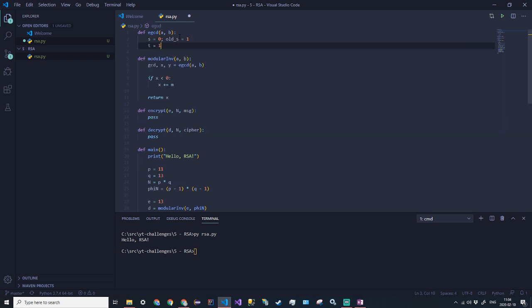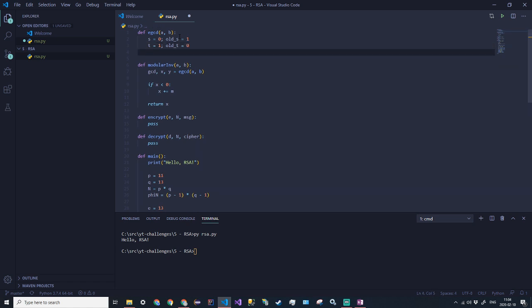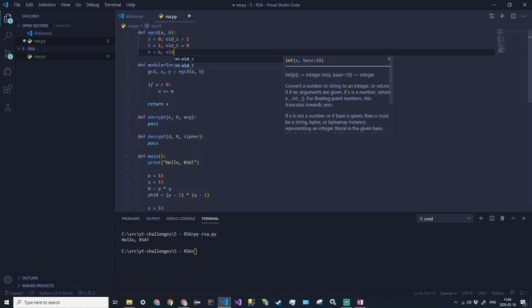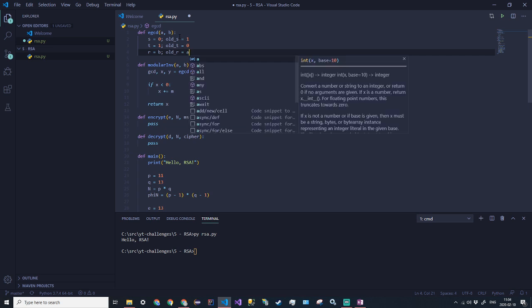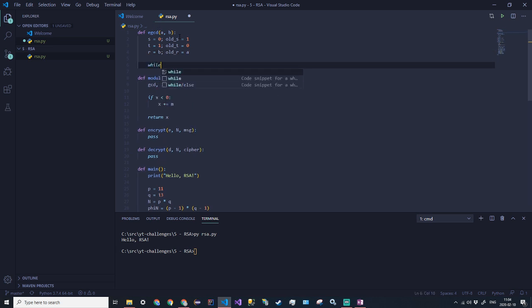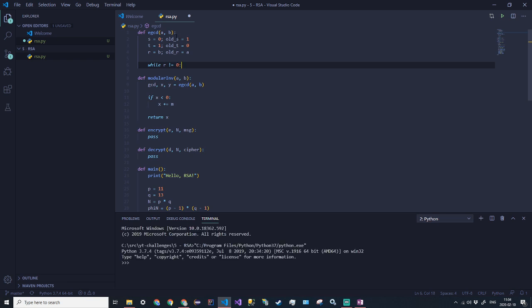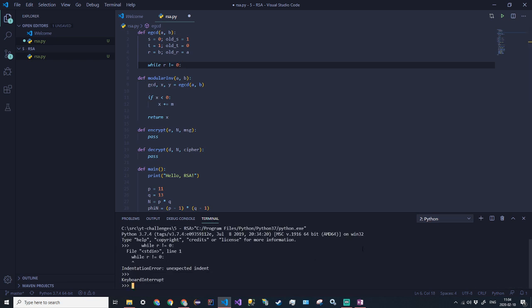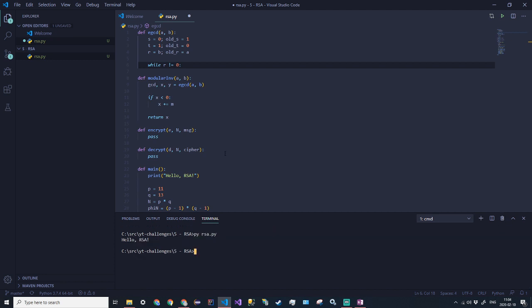T is equal to 1, old t is equal to 0, r is equal to b, old r is equal to a, and then while r does not equal 0, so you can kind of see that parallel.